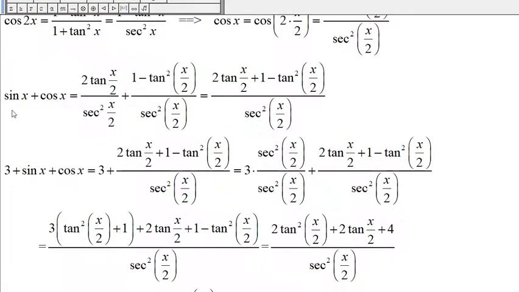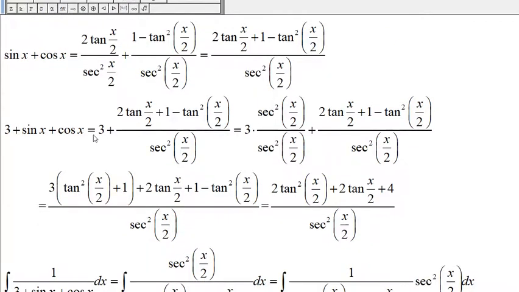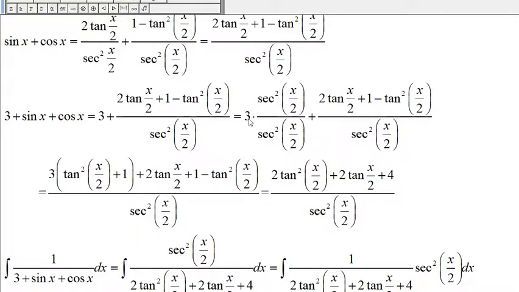The denominator of the integrand has 3 plus sine x plus cosine x. So now we'll add 3 to this expression. 3 is 3 secant squared over secant squared. So right here we get 3 times secant squared, but secant squared is tangent squared plus 1.